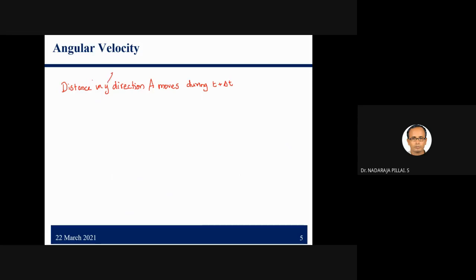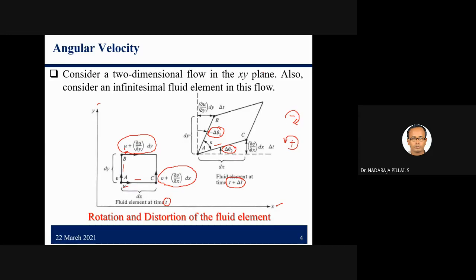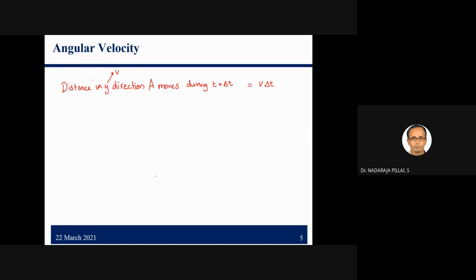If it is moving in y direction, then we consider v, and that we can write as v into del t. Now C, we need to write for C. If C moves, let us write the distance in y direction.